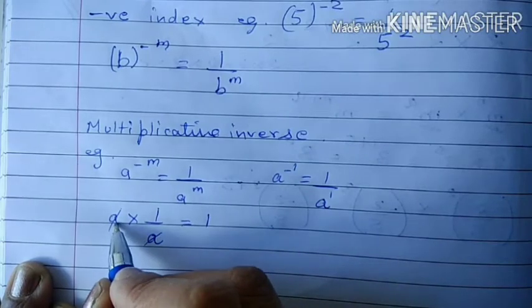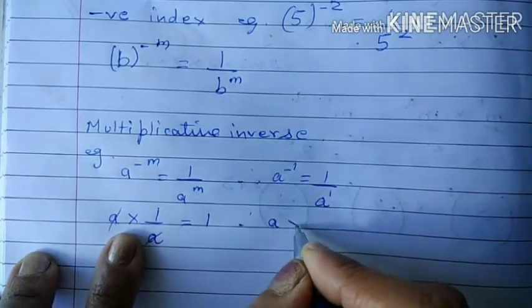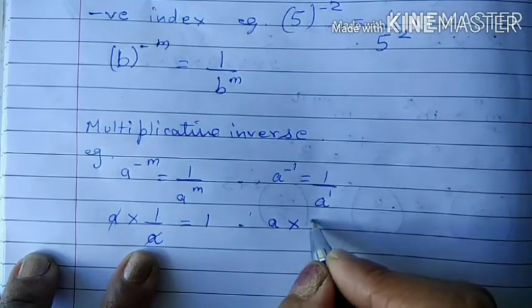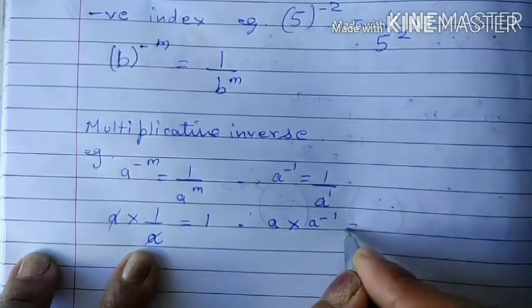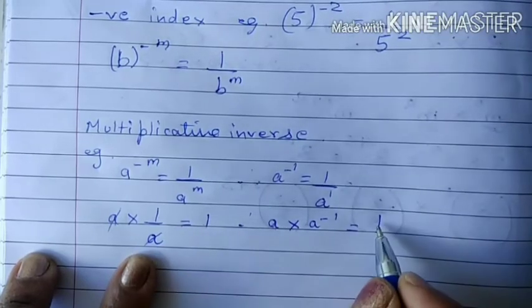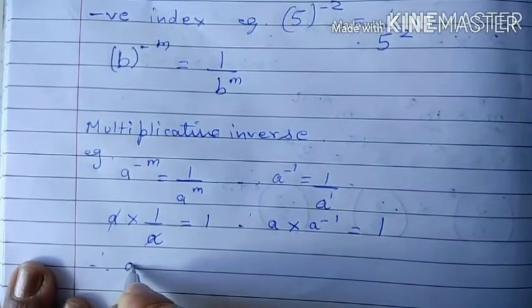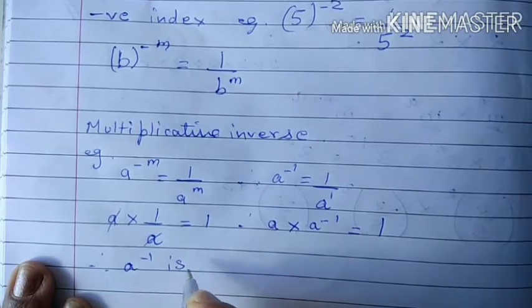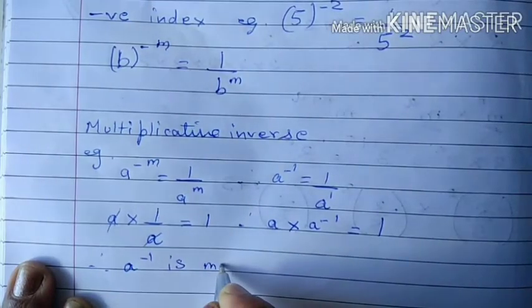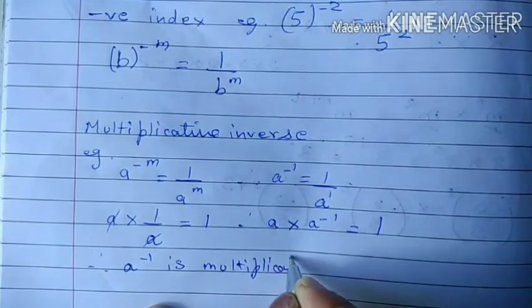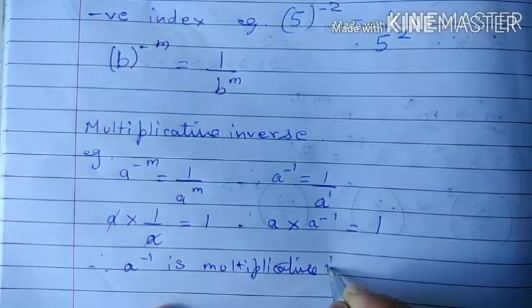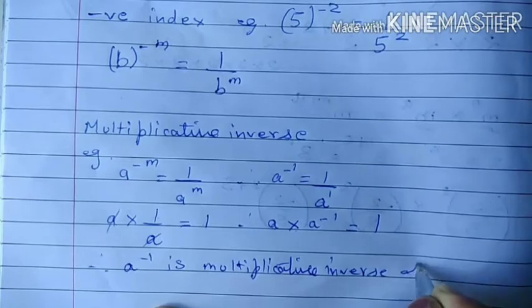Now we know that 1 upon a in index form is a raised to minus 1. So the answer that we get is 1. Therefore, a raised to minus 1 is called the multiplicative inverse of a. Whenever you multiply the number with its multiplicative inverse, the answer is always going to be 1.